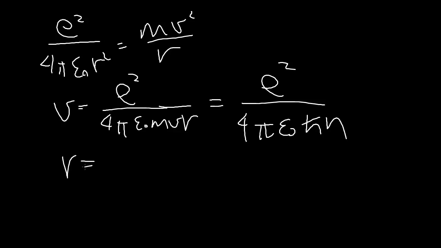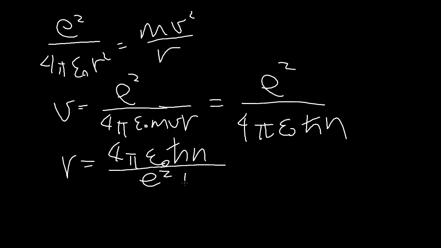And then the radius can similarly be rearranged to give 4 pi epsilon naught h bar n over e squared m.